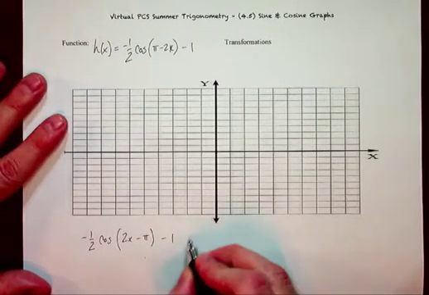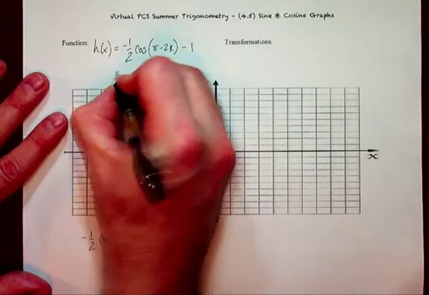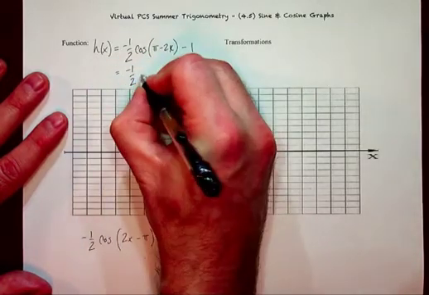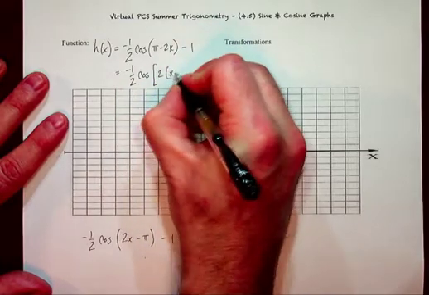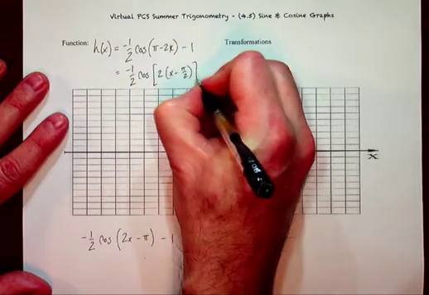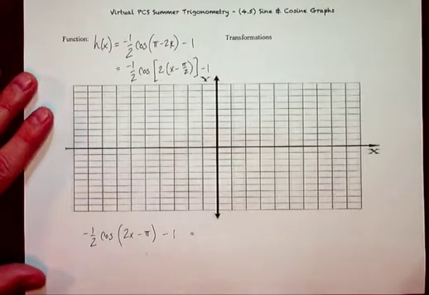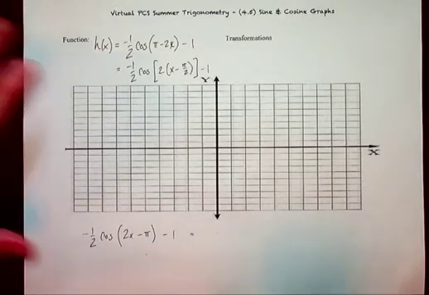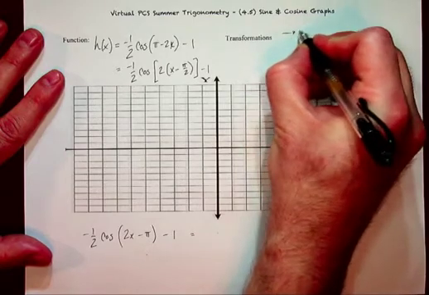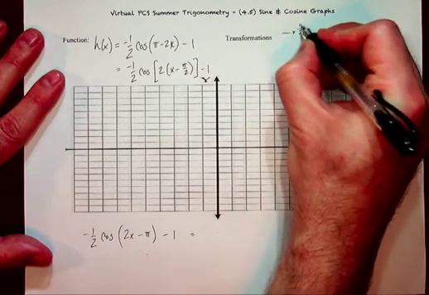The last thing that needs to happen here is I just need to factor out that b value, and so I have x minus pi over 2 minus 1. Now, the difficulty arises because there are 5 transformations on this function. It moves to the right pi over 2.